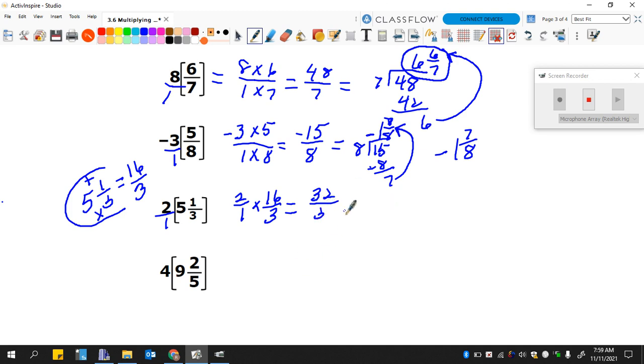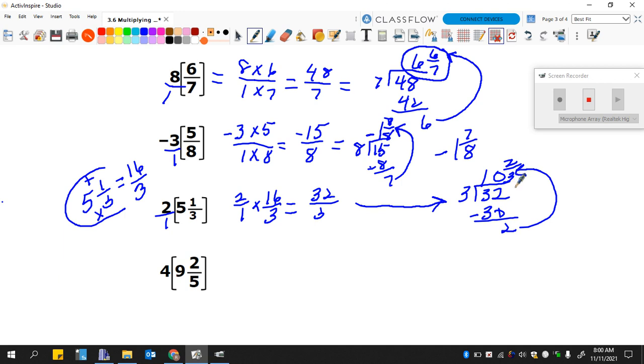I'm going to move this over here where I got more room. 3 goes into 32 10 times, which is 30. Subtract with a remainder 2, so that comes up, and that becomes 2 over 3. So it's 10 and 2/3, and that is already in simplest form. Nothing goes into both 2 and 3 other than 1.